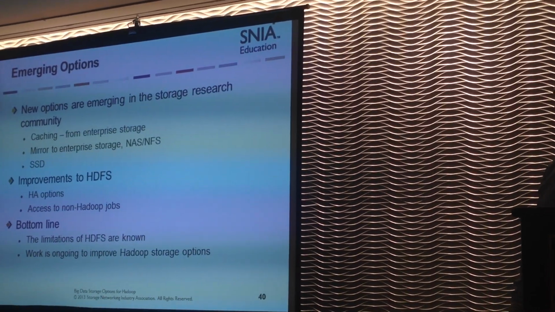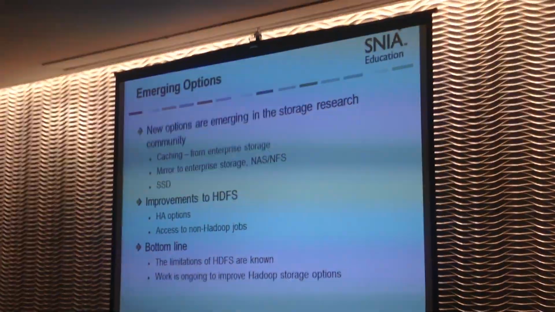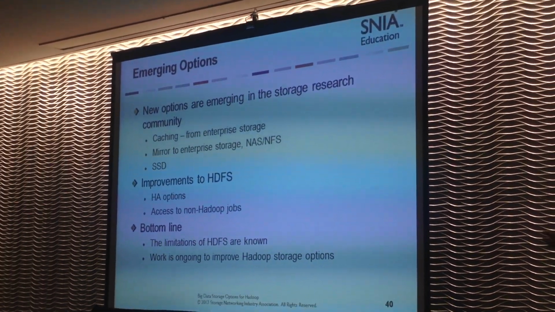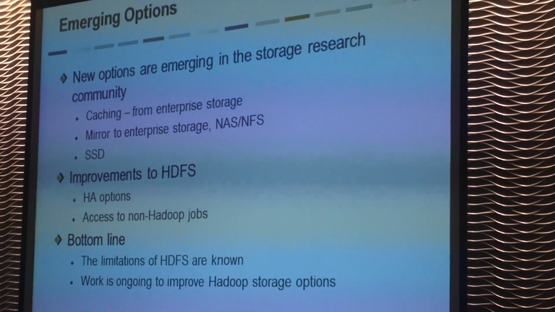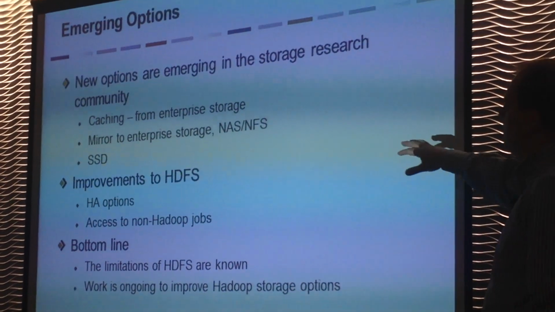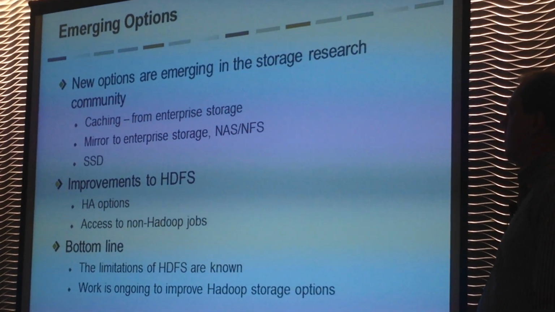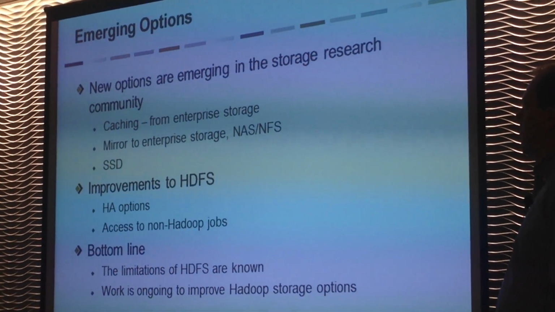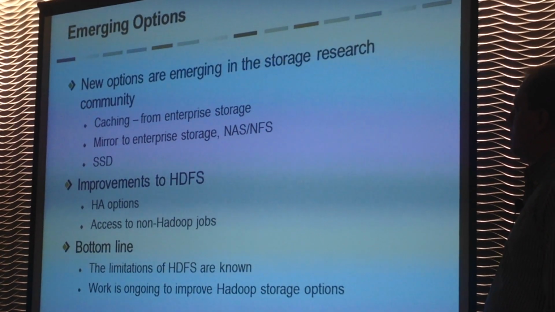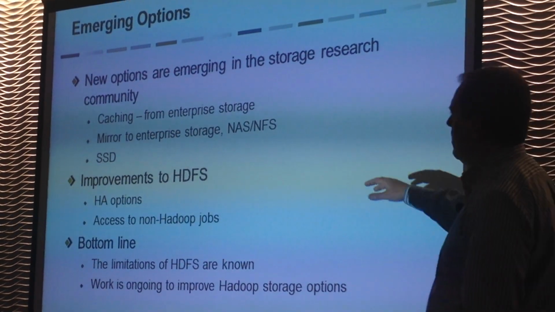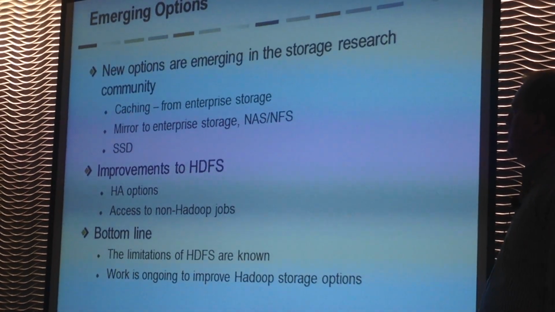So, some other options that are emerging. There is quite a bit of work going on in both the research community and companies working on Hadoop. One interesting thing to look at is having a caching layer where, instead of having 3 copies, you have essentially a caching or replication layer that might interface to a different type of storage system, so caching or mirroring to enterprise storage or to a NAS system.